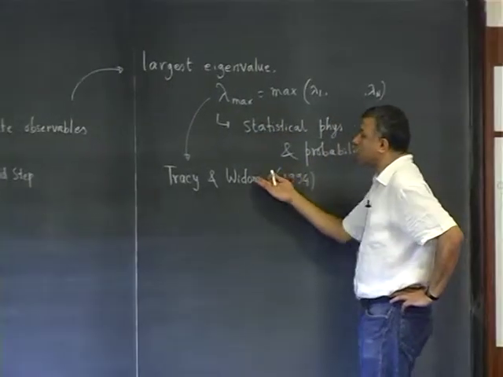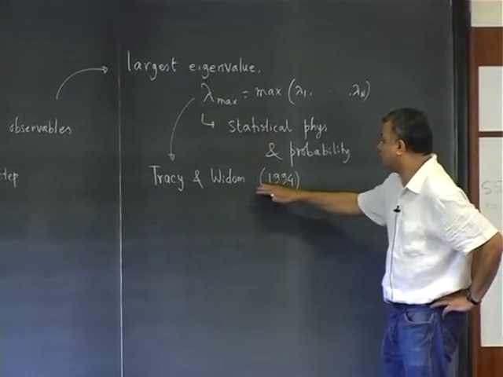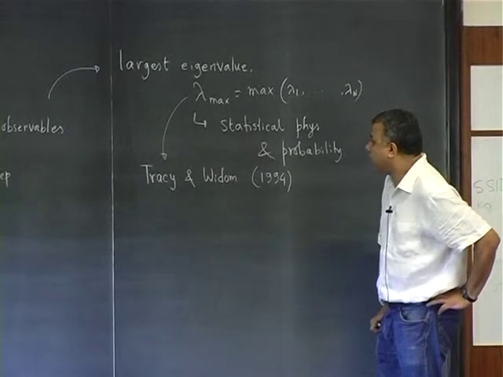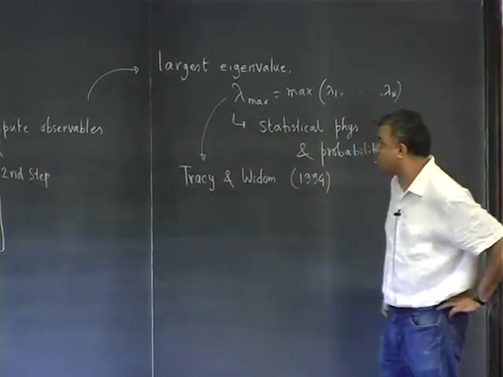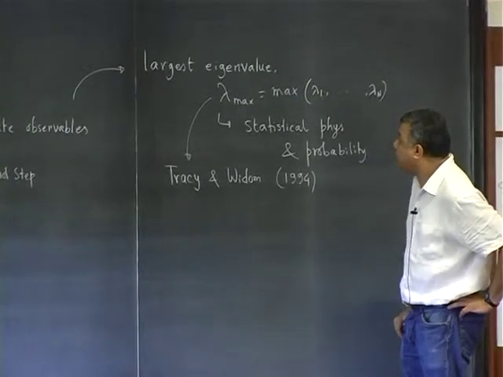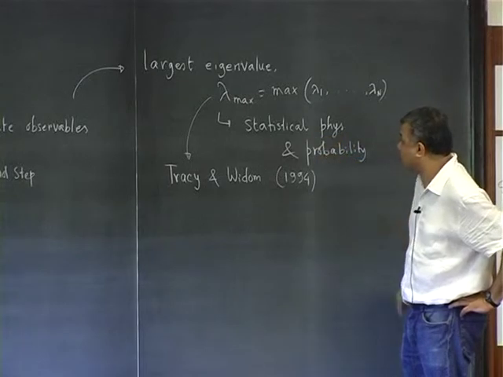In the beginning, they just computed the distribution, and the problem stayed for a while. Then it turned out later that the same distribution of the lambda max for Gaussian random matrices appeared in a huge number of problems, both in statistical physics and probability.